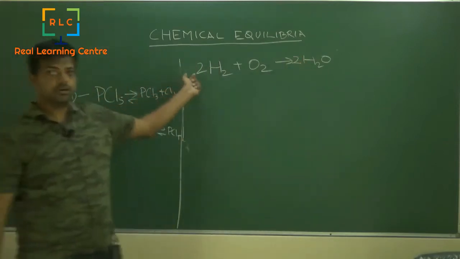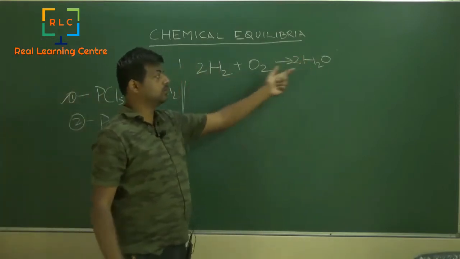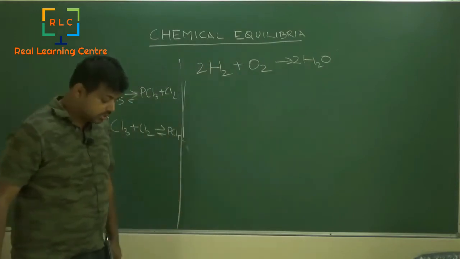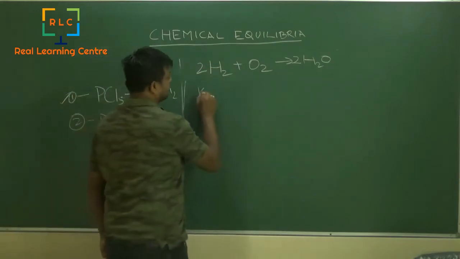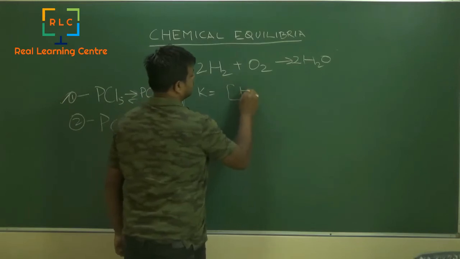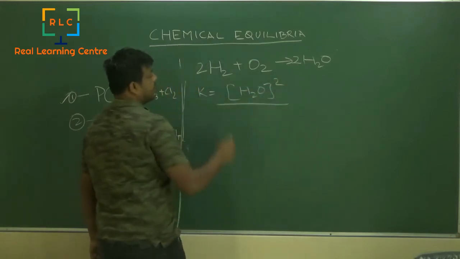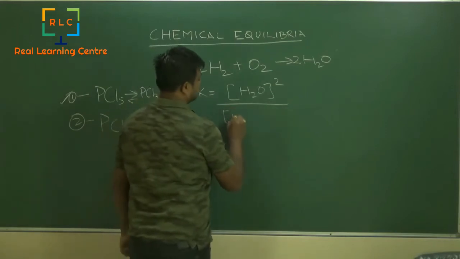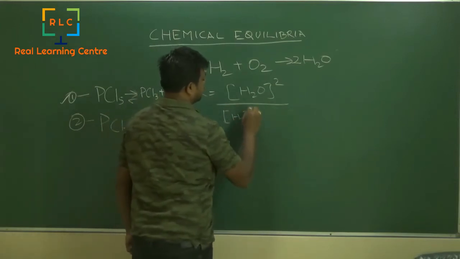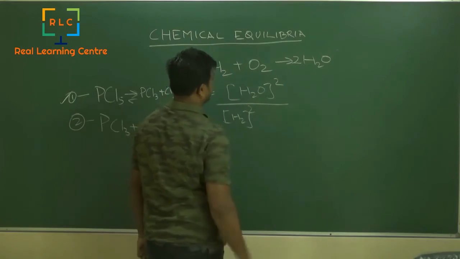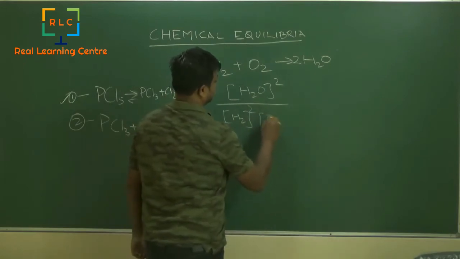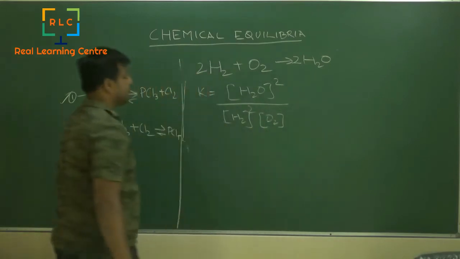Now hydrogen is 4, here also it is 4, oxygen is 2, oxygen is 2, it's a balanced reaction. So the equilibrium constant for this reaction would be the concentration of H2O raised to power 2 divided by the concentration of H2 squared and the concentration of O2, right?